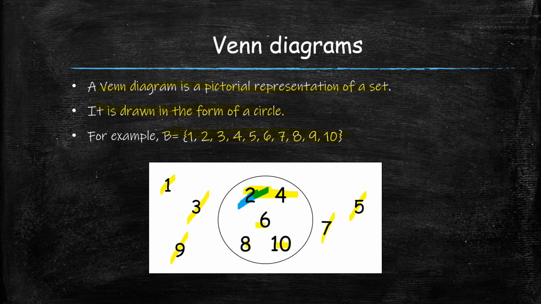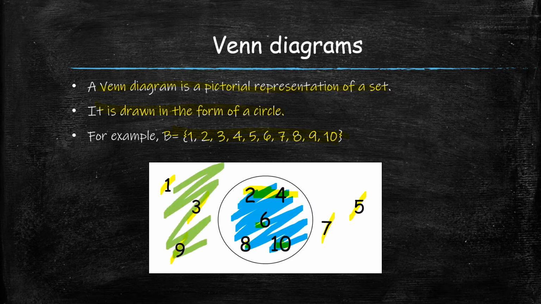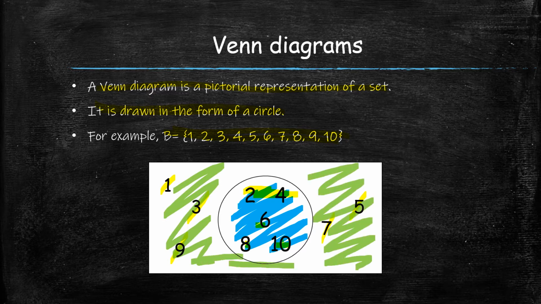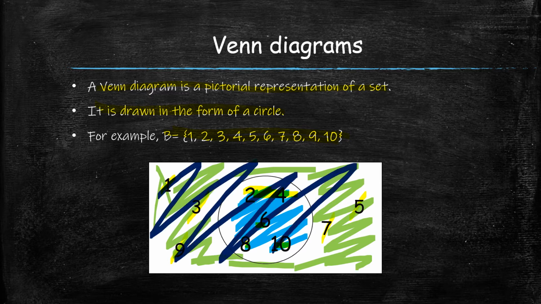Now this circle is showing the set of even numbers, and the outside of the circle is showing the set of numbers which are not even. Now what about this whole diagram, this whole circle and outside the circle? What do we call this whole thing?